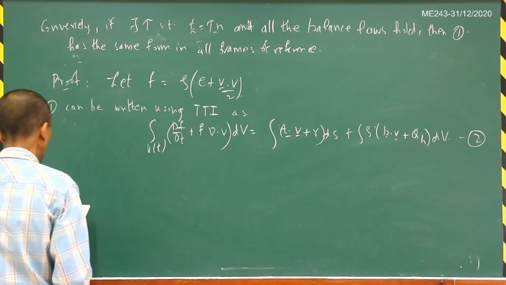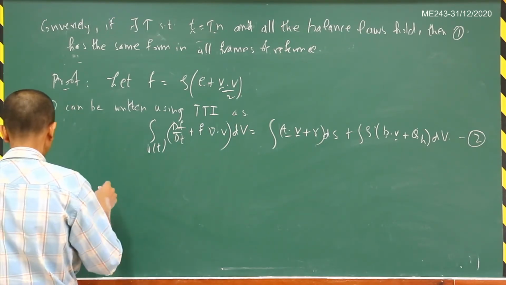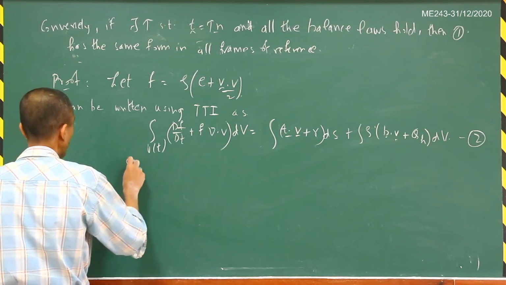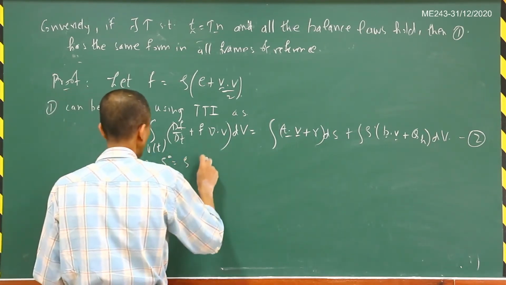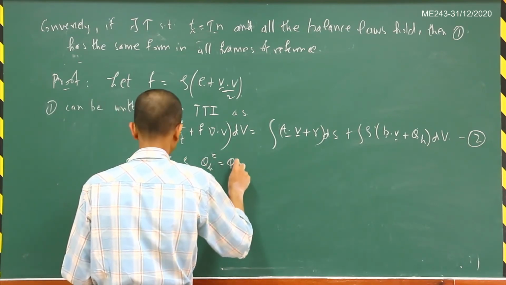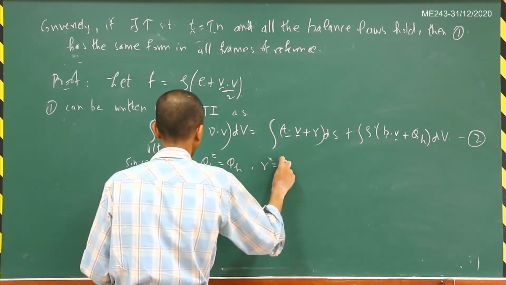So what you will get is that since now rho star is equal to rho, qh star is equal to qh and gamma star is equal to gamma.